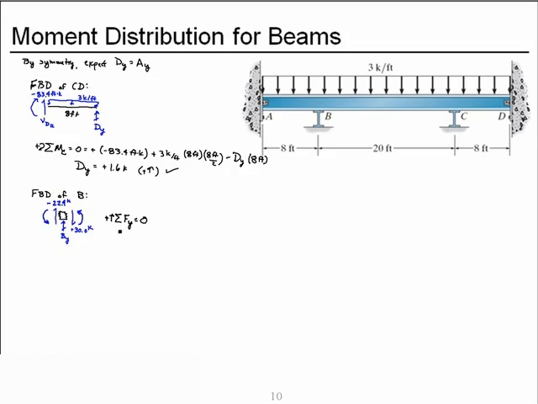I'll take up as positive, and so we have the negative 22.4 kips, the reaction at B, and the negative 30 kips. So By equals a positive 52.4 kips, and that's acting up.